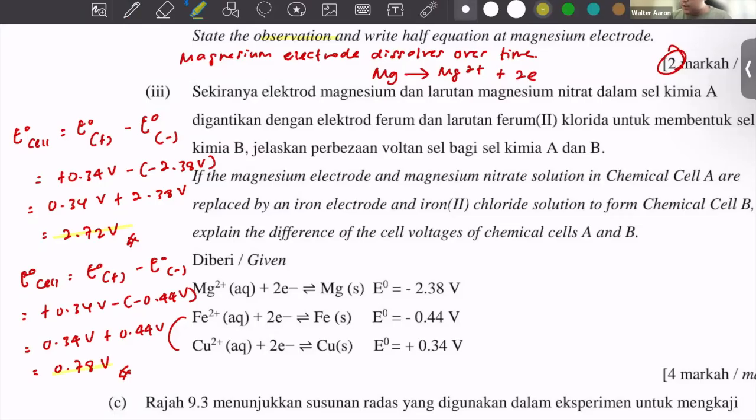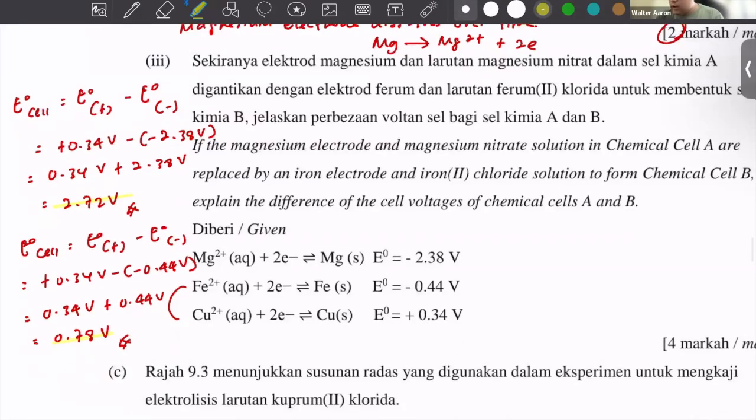So after calculating it, you're supposed to explain the differences between the two. So what you're going to explain here is very simple. You can say that the voltage, the E naught cell, it's quite hard to write, but okay.